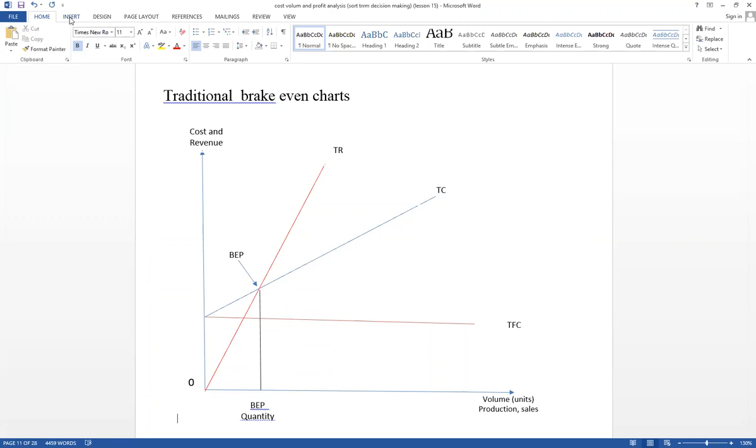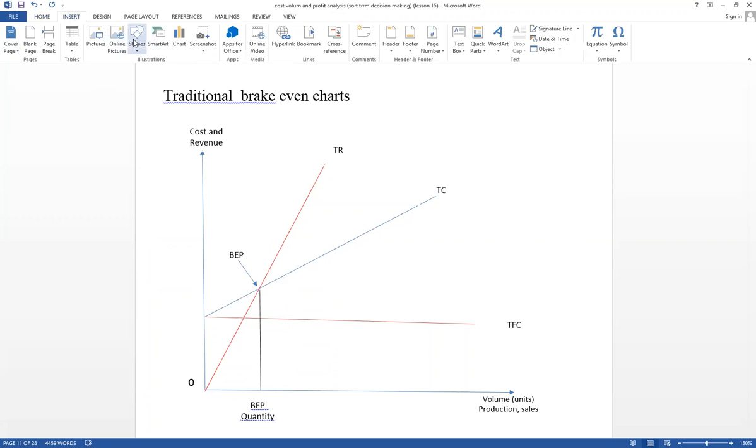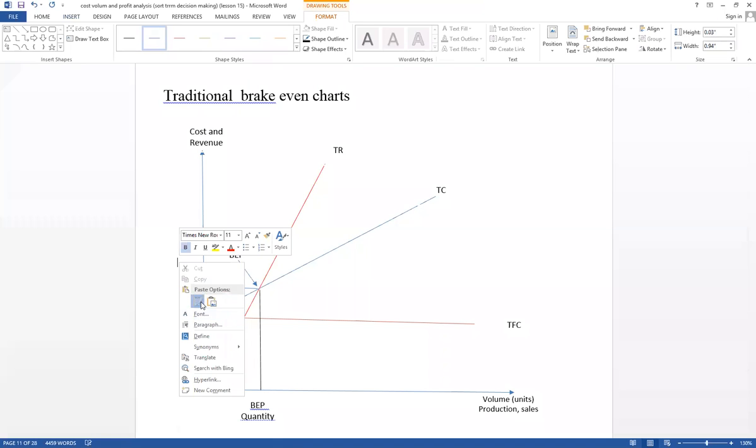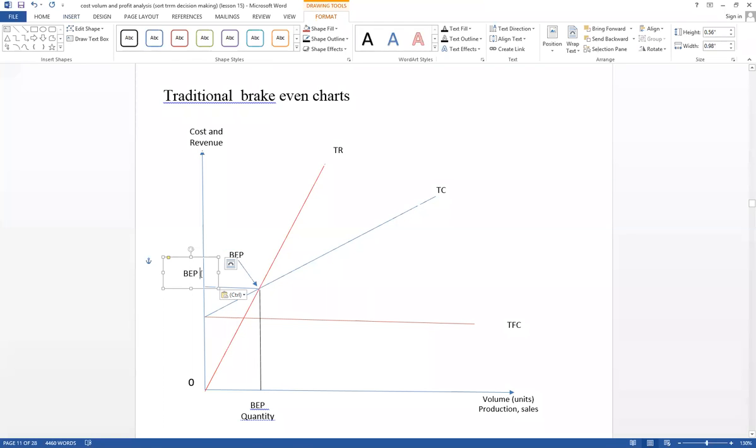Therefore, this is a break-even point value. Break-even point value, rupee value.